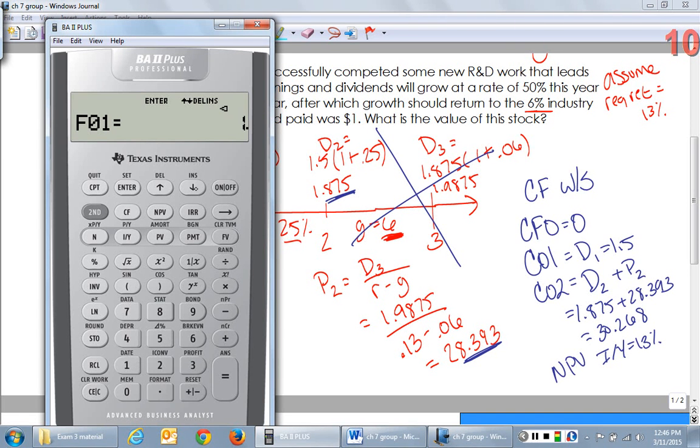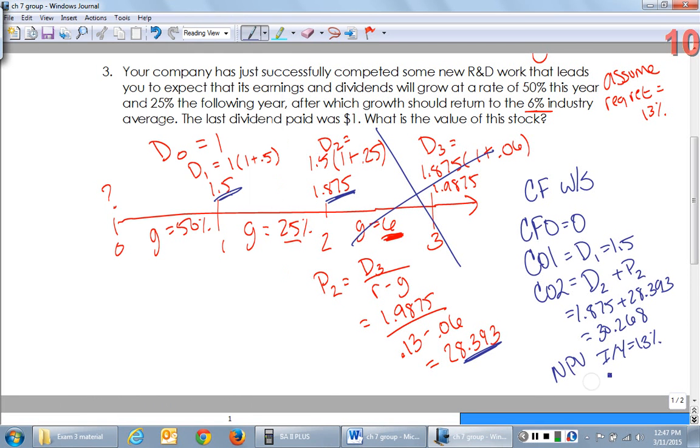Enter, down arrow twice because we can skip frequencies. And cash flow at time period 2 is 30.268. Enter. Now we push the NPV button, enter the discount rate of 13%, down, and compute. $25.03 is the value of this stock today.